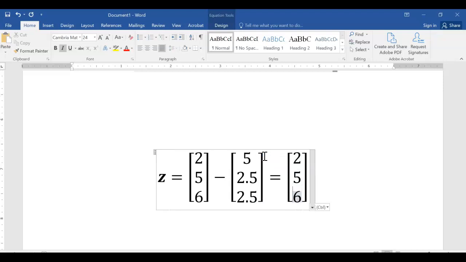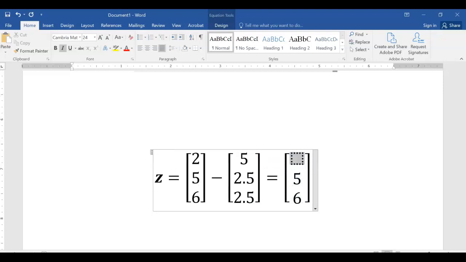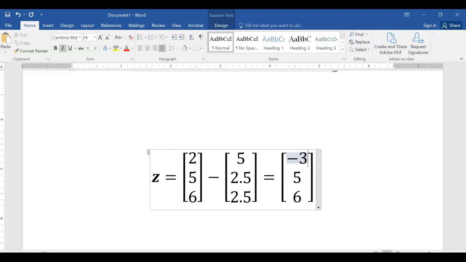So what you get, 2 minus 5 is negative 3. 5 minus 2.5 is 2.5. And then 6 minus 2.5 is 3.5. So there you go, (-3, 2.5, 3.5) should be the component of y which is orthogonal to your projection, or orthogonal to W.